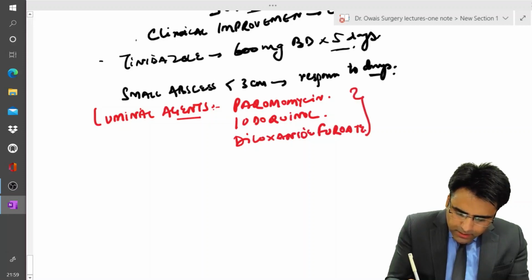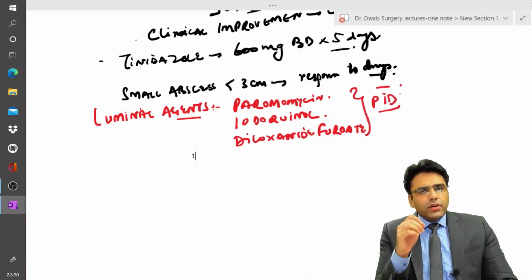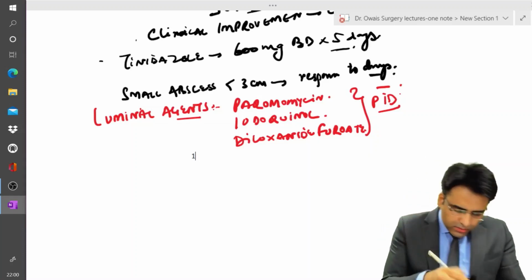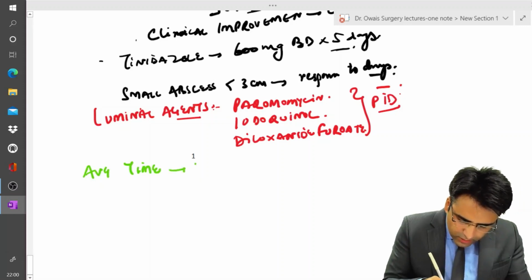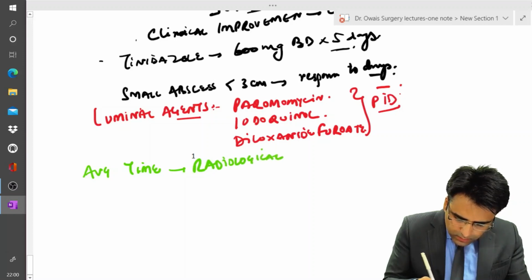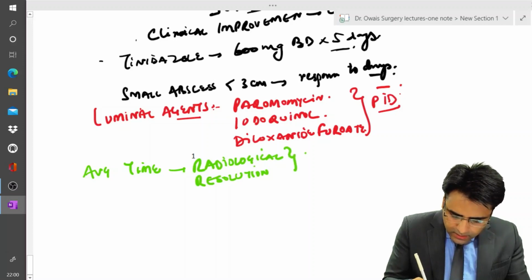You can remember it with the help of the mnemonic PID. The average time for radiological resolution of the abscess cavity is 3 to 9 months.